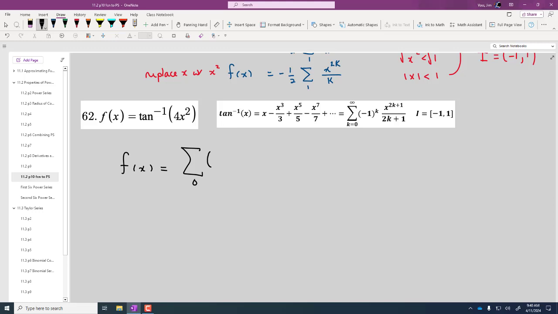So we're going to come inside the summation. All we do is replace that x with 4x squared. So in the numerator, we'll have the quantity 4x squared raised to the 2k plus 1 divided by 2k plus 1.